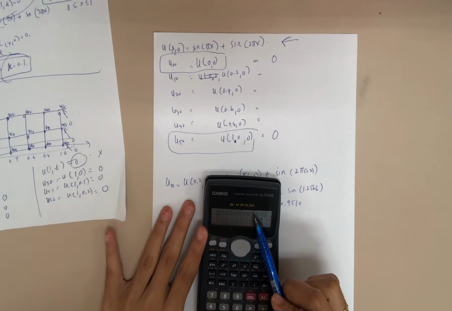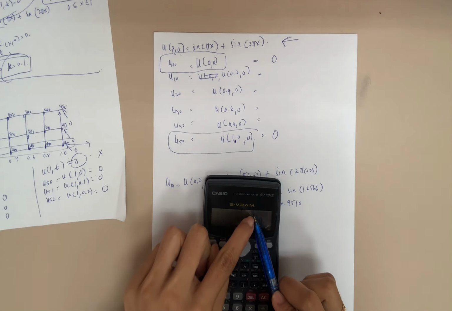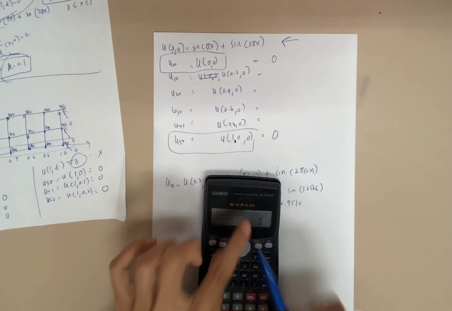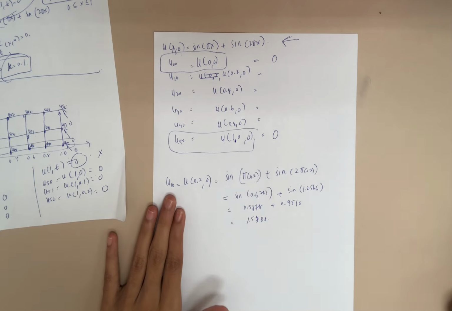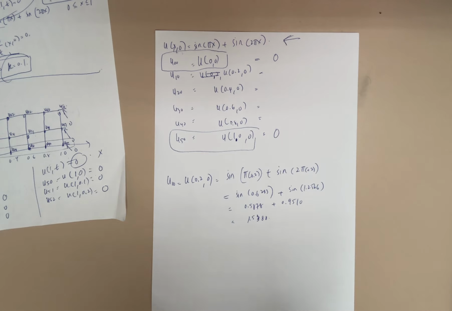If you can see on top of the calculator, there is an R. R means radian mode. You need to change to radian mode first. If you still remember, for the midterm test, for question 2B, most of you didn't get full marks because you did not change the mode to radian, so you got the wrong answer.